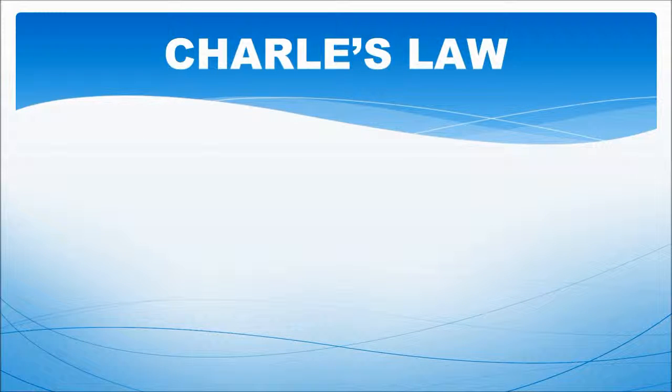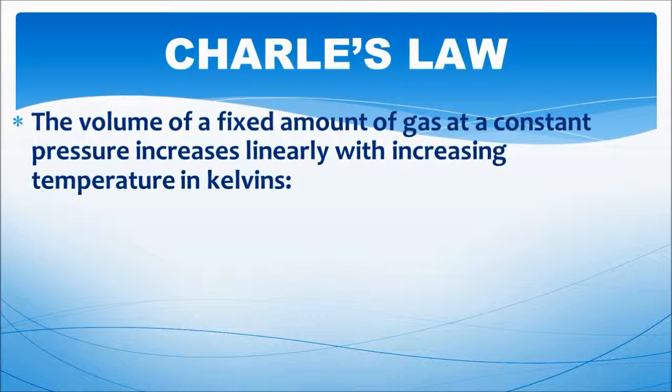The first to study the relationship between gas and temperature were French scientists Jacques Charles and Joseph Gay-Lussac. Their studies showed that the volume of a fixed amount of gas at constant pressure increases linearly with increasing temperature in Kelvin.